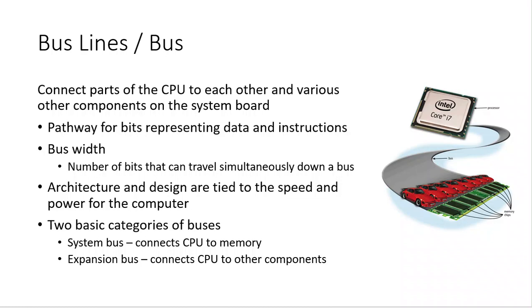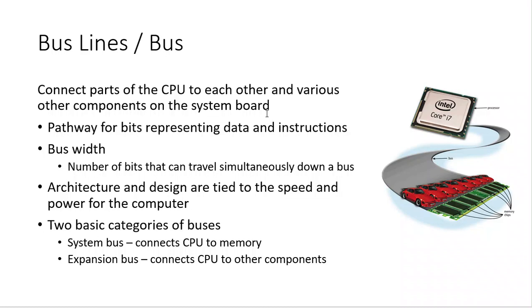So bus to connect parts of the CPU to each other and various other components on the system bus. Okay, bus tu adalah bus line tu maksudnya penghubung. Okay, pathways for bits representation data and instruction. Okay, data dalam komputer kita ni akan bergerak mengikut bus line tu. So bus width, number of bits that can travel simultaneously down by a bus.